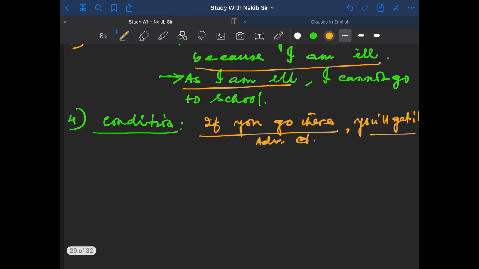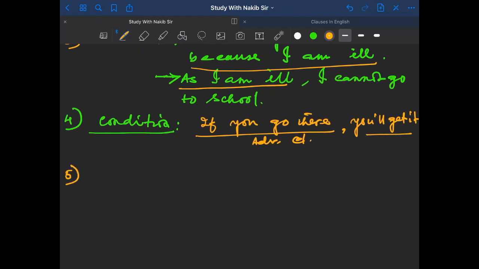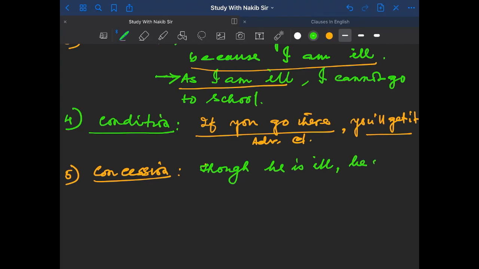Number 5, that is called concession. Take an example, then you can understand. Though he is ill, he will go to school.